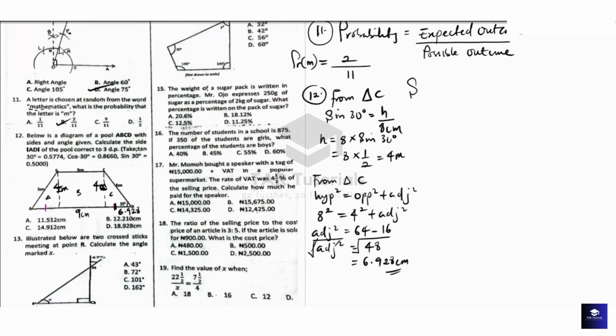Similarly, we solve for the other side. For triangle A, we use the same Pythagoras theorem. Hypotenuse is given to be 5 centimeters, so that's 5 squared. Opposite is given to be 4 squared, plus the adjacent squared. Therefore, adjacent squared is equal to 25 minus 16, and adjacent squared is equal to 9.